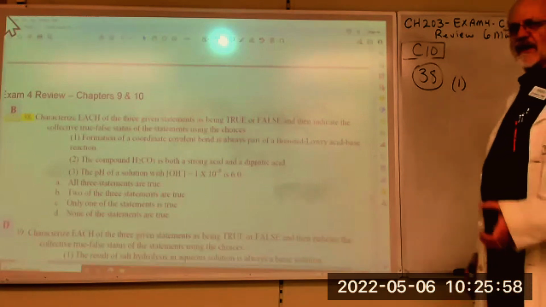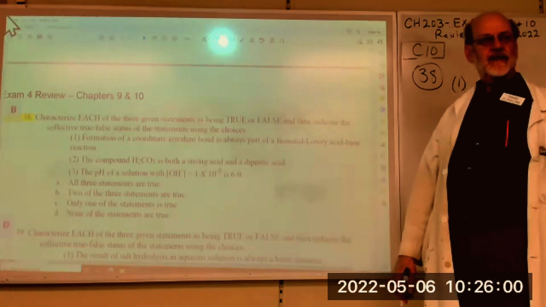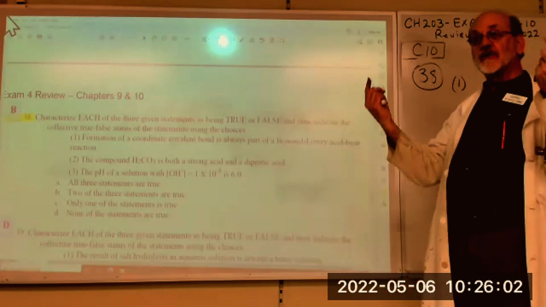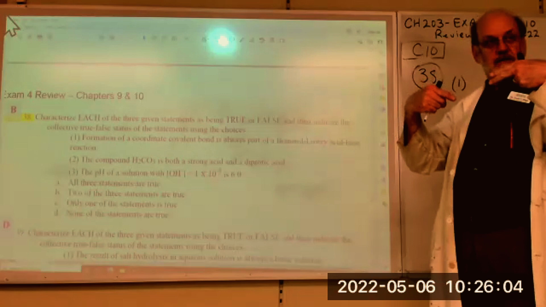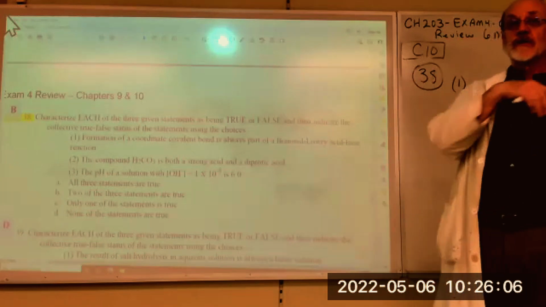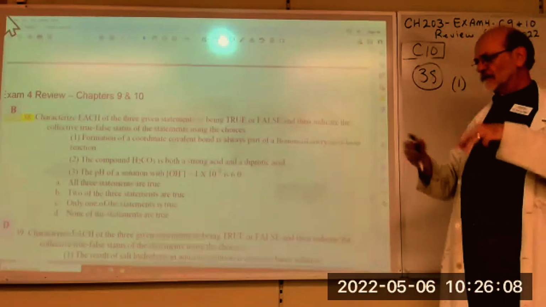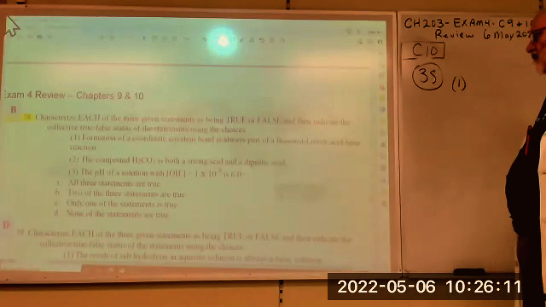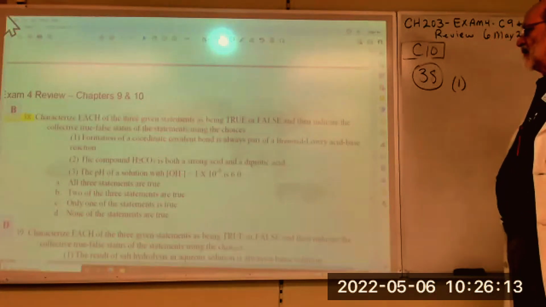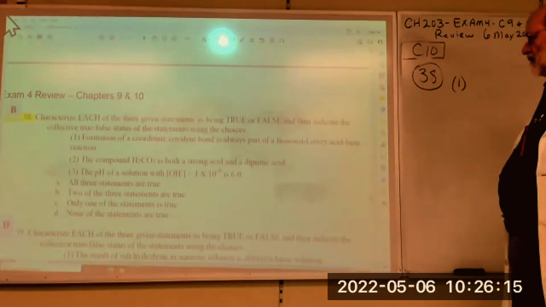What is a coordinate covalent bond? That's where two parties contribute an electron each. No, where one of them contributes both electrons. So is that true? Formation of a coordinate covalent bond, Bronsted-Lowry acid-base reaction.